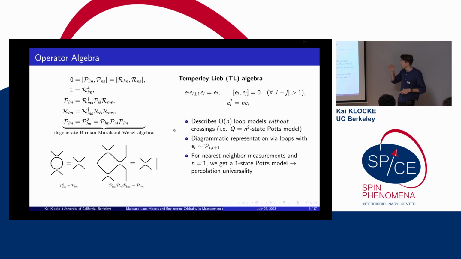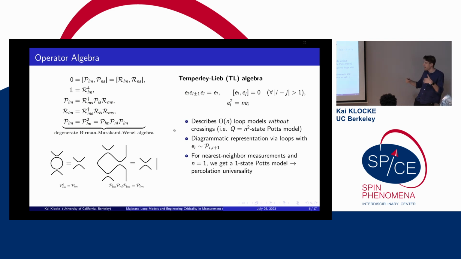So to comment on this a little more, these equations should look hopefully familiar if you've spent any time in the 60s reading about Potts models. But I think none of us are quite that old, so let me just remind you, the Temperley-Lieb algebra, which bears almost an exact resemblance to this last line, is an algebraic description of O(n) loop models without crossings, or Q equals n squared state Potts models.